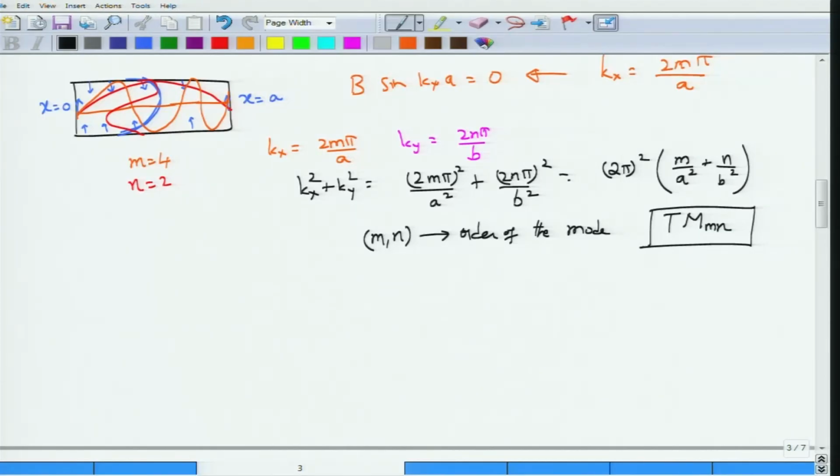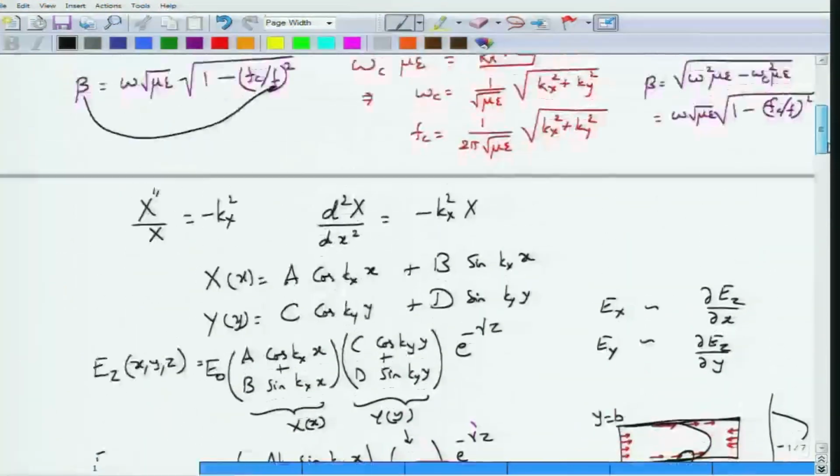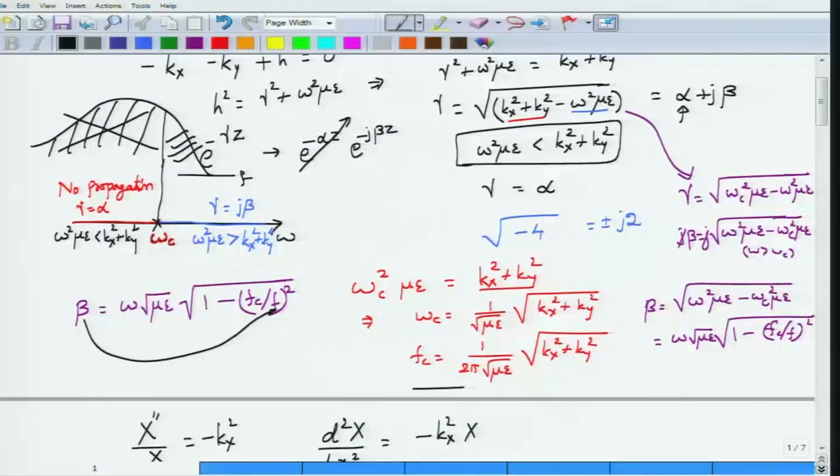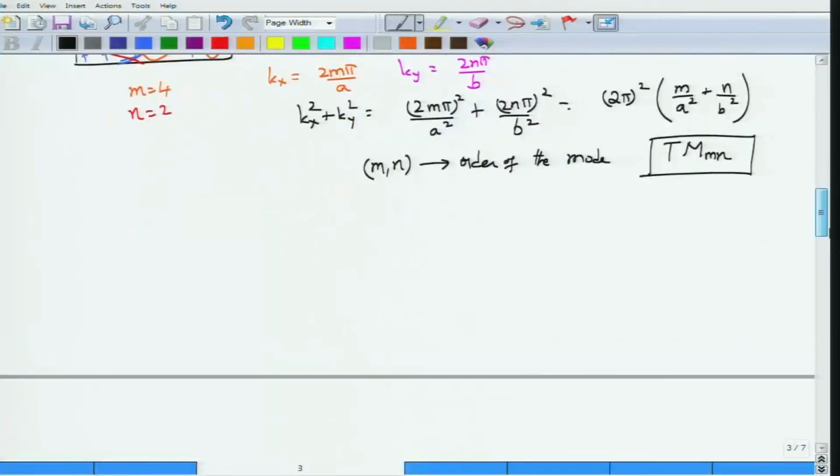Remember, we had written something about the cutoff frequency, right? Even without doing all this calculation, we had written that the cutoff frequency fc equals 1 by 2π√(με) times √(kx² + ky²). So go back to that expression and write fc equals 1 by 2π√(με). Now I know what kx² plus ky² is, that is (2π)² times (m by a)² plus (n by b)², right?